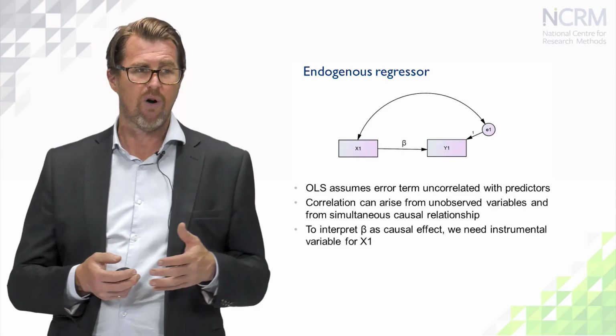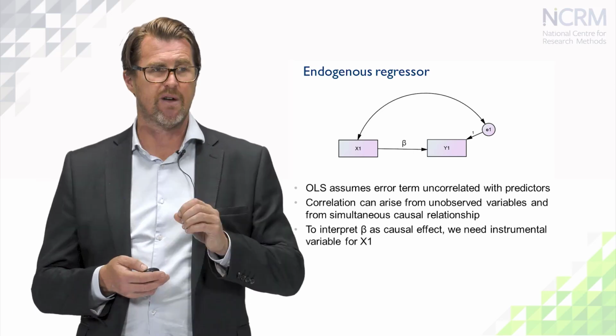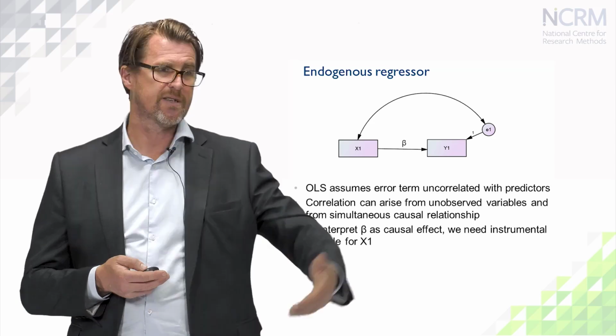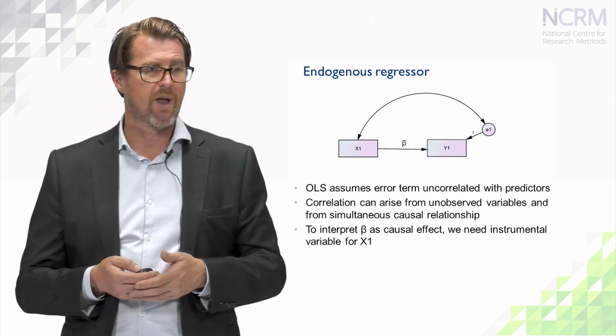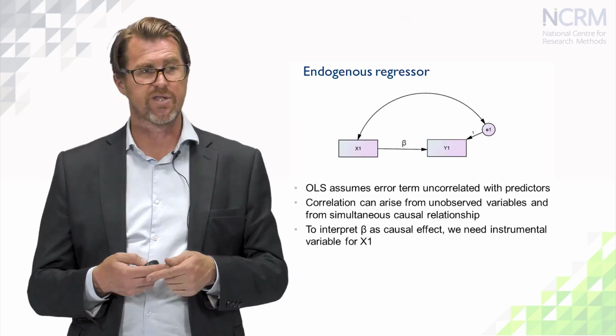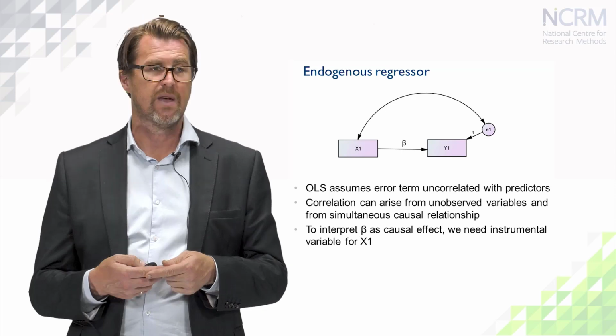And this is because, it can be for a number of reasons, but will often be because of some unobserved variable that we should have in our model that maybe is related to both x1 and y1, or it may be because of simultaneous causal effects, that x1 is causing y1 and y1 is causing x1, the sort of reciprocal effects that we're interested in here.